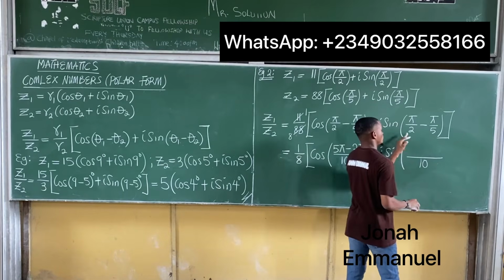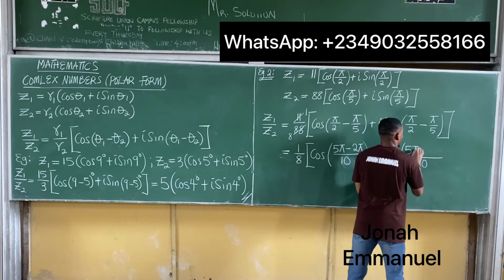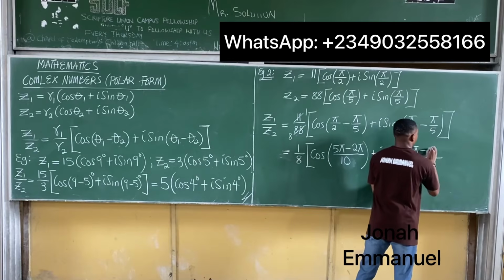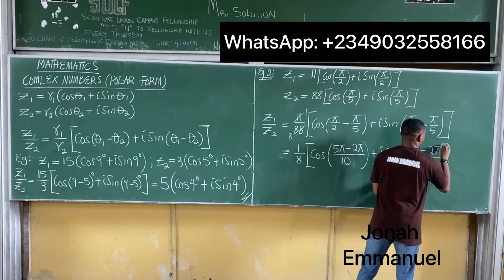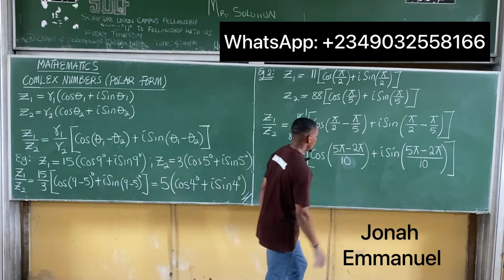So 10 divided by 2 is 5 times pi is 5 pi, minus 10 divided by 5 is 2 times pi is 2 pi. So we have this one here. All right.